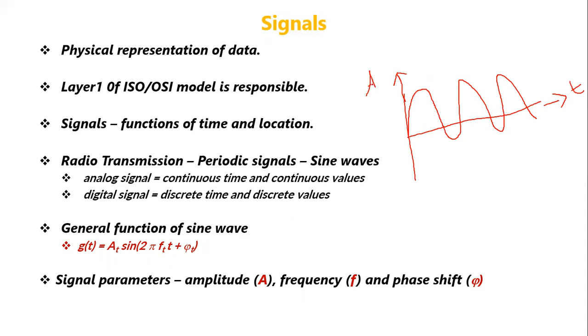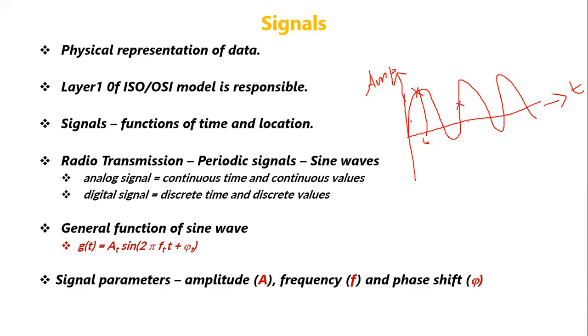Normally amplitude represents the voltage of the signal. So this is nothing but the voltage at this point of time. The amplitude or the voltage of the signal is this much. Similarly, at this point of time, the amplitude or the voltage of the signal is this much.